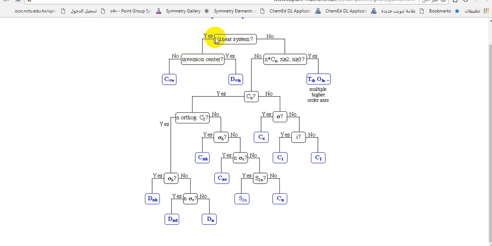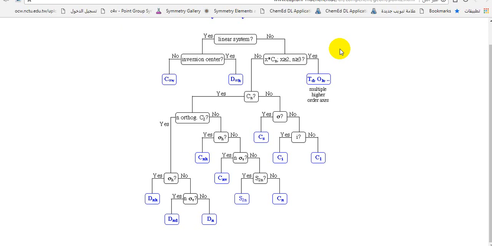When a molecule is not linear, you go this way. When a molecule has more than one Cn, with n over 2, when the answer is yes, the point group is tetrahedral or octahedral.